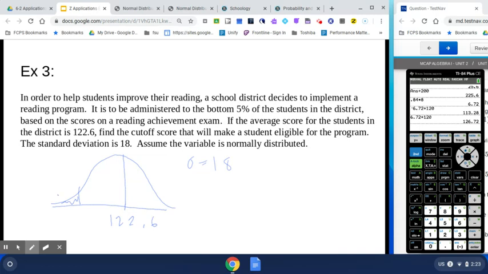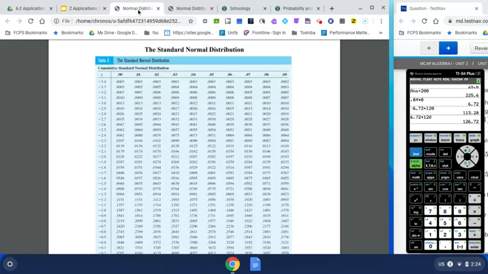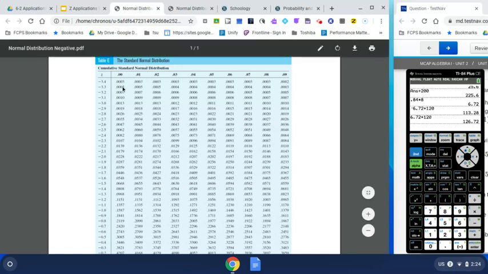So 0.05. That would be a negative Z score. And so we're going to look on the negative Z chart. Remember, both charts read left shaded regions. So we're going to be looking for that closest value to 0.05 in the middle of the negative distribution.